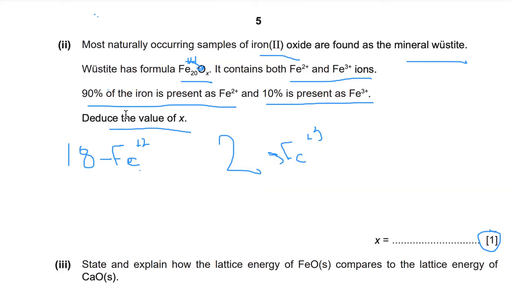So what I did was, the answer came 36, right? So 18 into 2 is 36 and 2 into 3 is 6, and I divided this by 2.